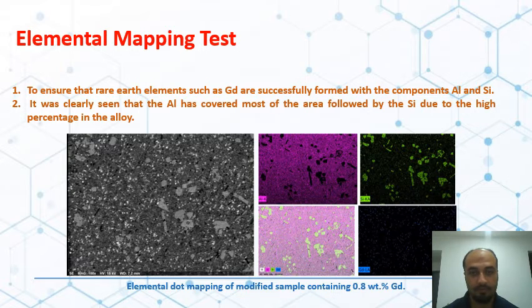The aluminium obviously covers most of the image because it has the highest percentage, and we also have the Gd in blue color.